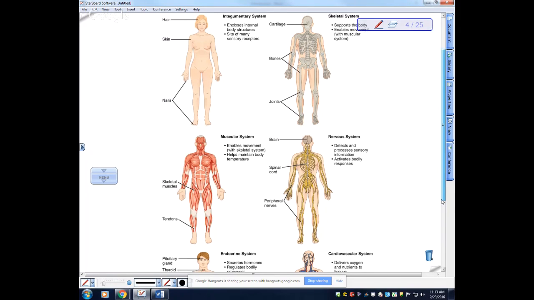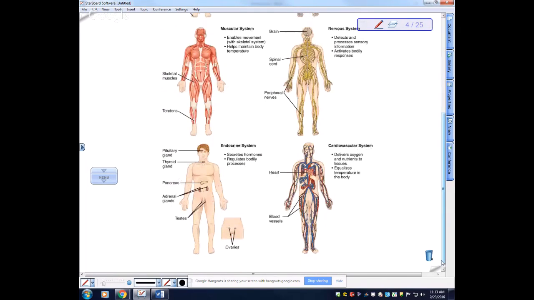And then other systems are listed here. So if I said, what system is responsible for releasing hormones, you would say that would be the endocrine system. Okay, so primarily responsible for releasing the hormones in the body.